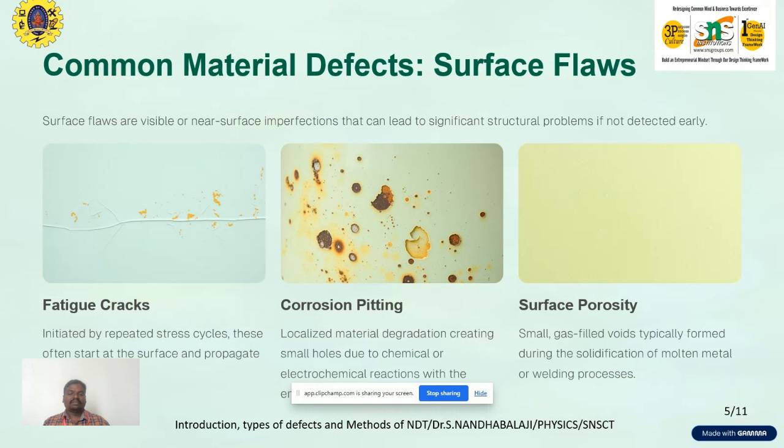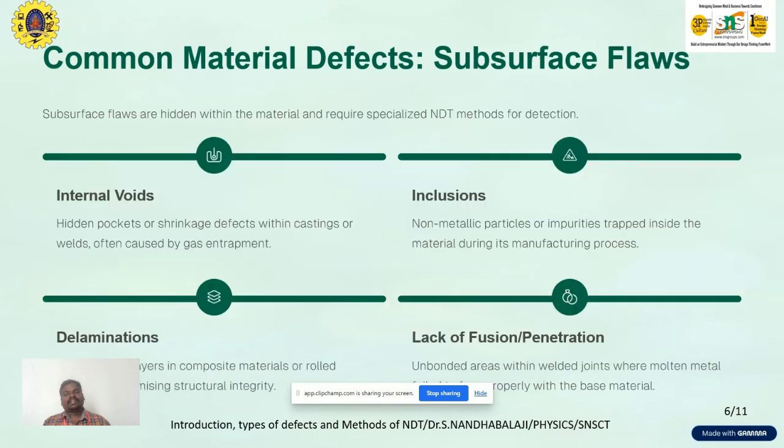In common material defects, subsurface flaws. Subsurface flaws are hidden within the material and require specialized NDT methods for detection. Internal voids, hidden pockets and shrinkage defects within castings or welds often caused by gas entrapment.